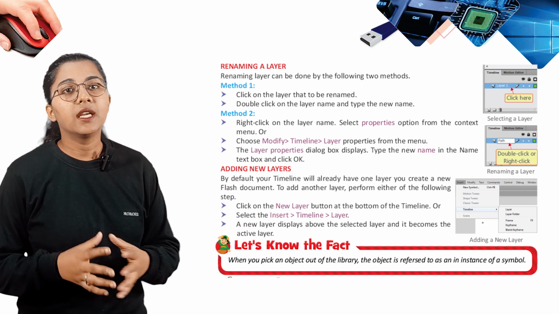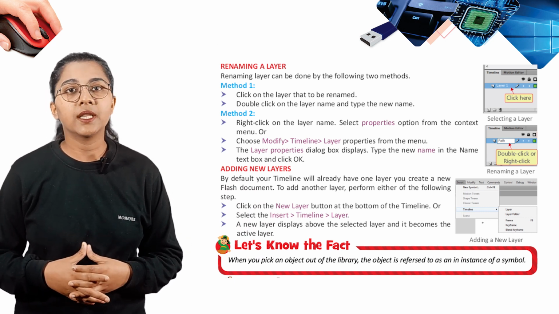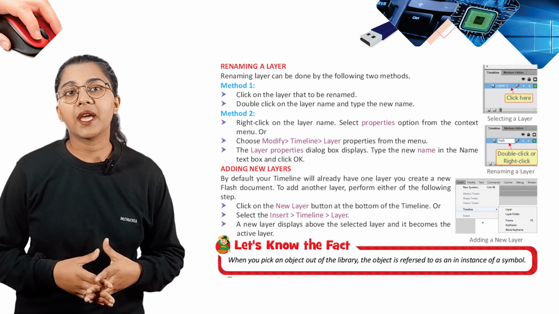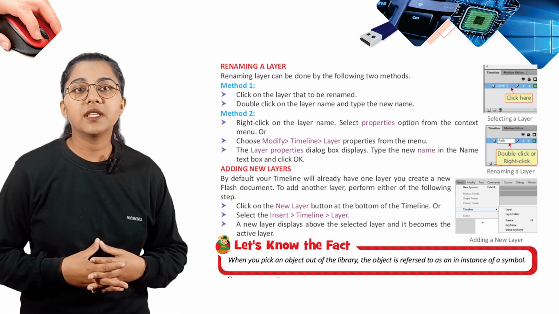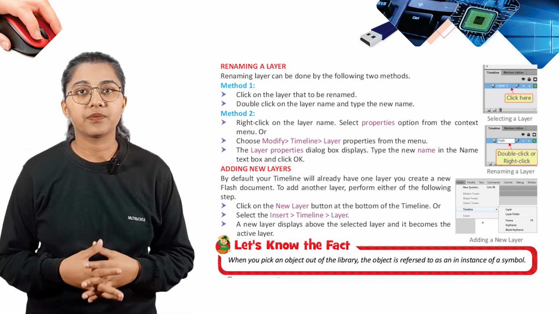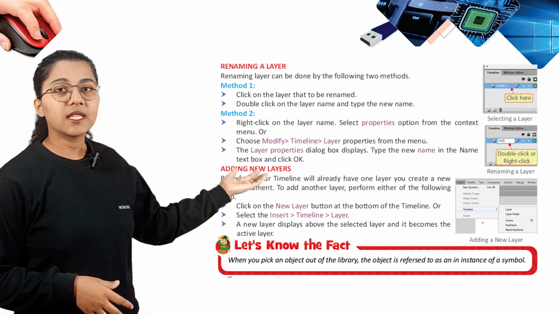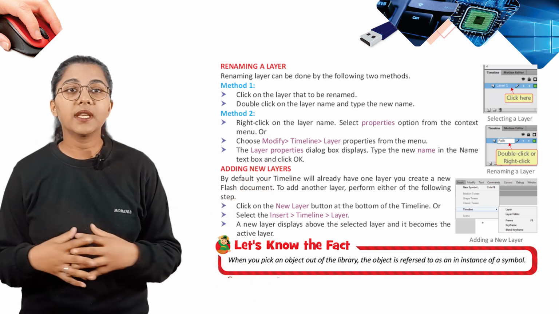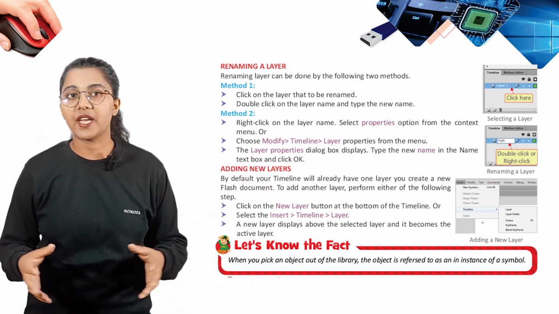So firstly, click on the new layer button at the bottom of the timeline, or select insert, then timeline, then layer. A new layer displays above the selected layer and it becomes the active layer. So students, here you can see the interface of adding a new layer. So this is how you can add a new layer to your Flash.